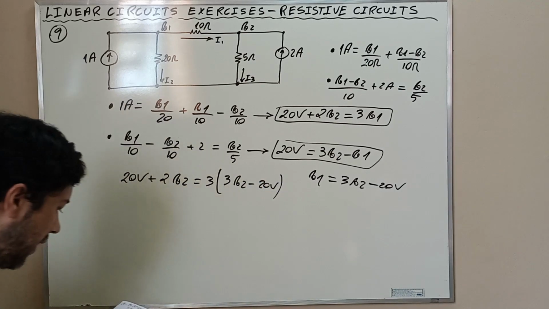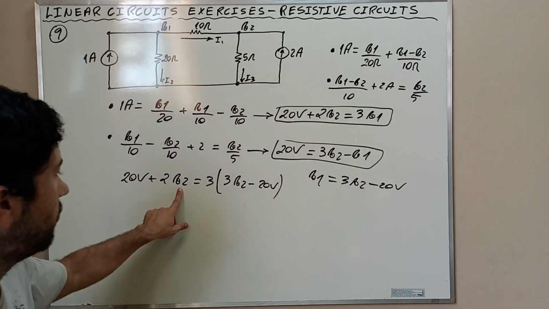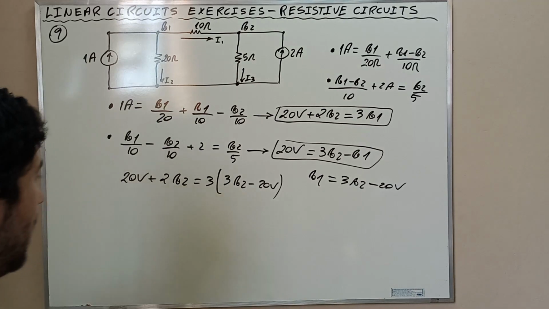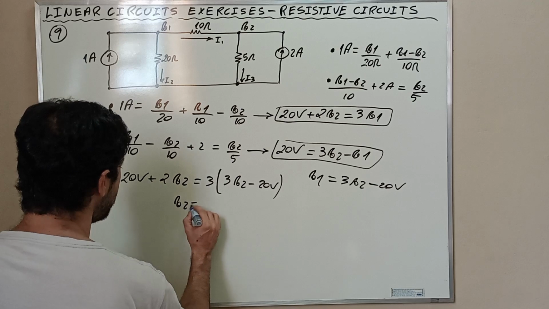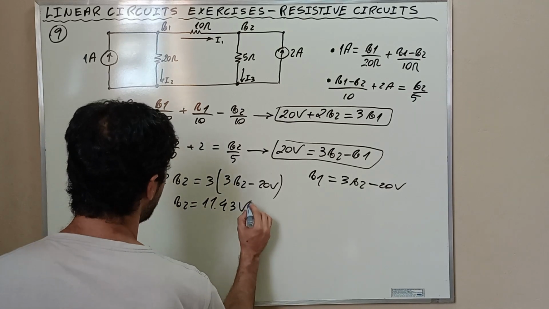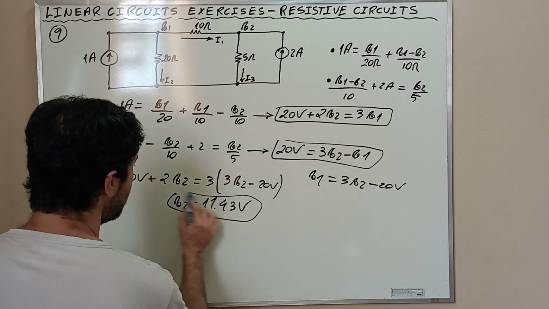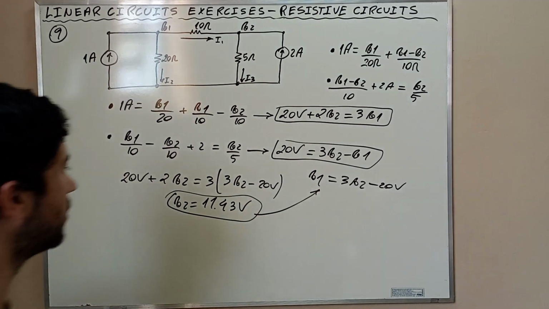Okay, my friends? And from this, I have only V2 here, only one variable. And if I solve this equation, I find that V2 is equal to 11.43 volts. Okay, my friends? And now I am going to use this here to find the value of V1.